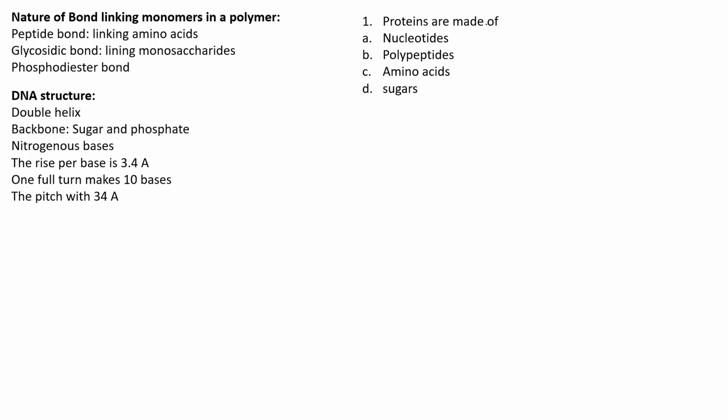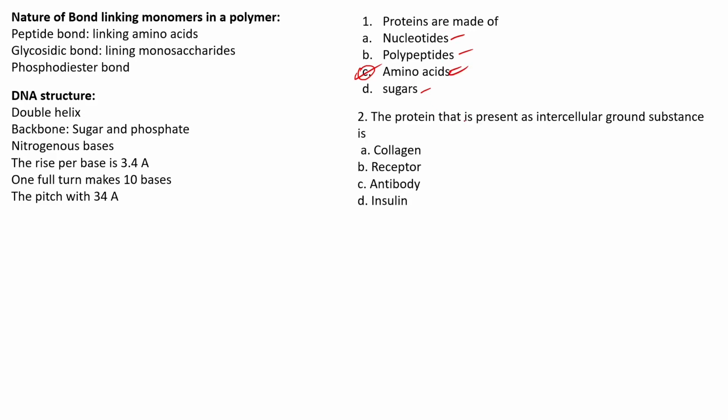The proteins are made up of the nucleotides, polypeptides, amino acids and sugars. So we all know it is mainly made up of the amino acids. The next one, the protein that is present in the intracellular ground substance is collagen, receptor, antibody, insulin. It is mainly the collagen molecule that you find present as the intracellular ground substance.